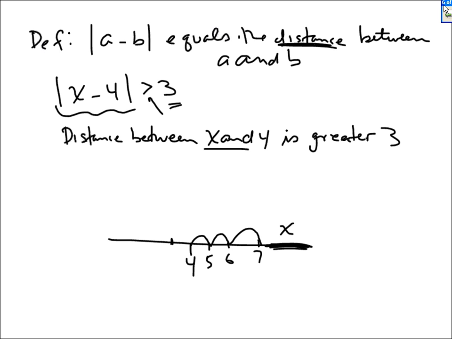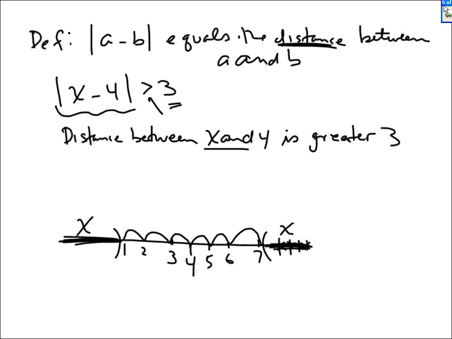If I go to the right of 7, then no matter which value I pick for x, wouldn't the distance between all these x's and 4 be greater than 3? I can also go greater than 3 to the left: 3, 2, 1. These can be x's. Since it didn't say greater than or equal to, x can't be 1, nor can it be 7.